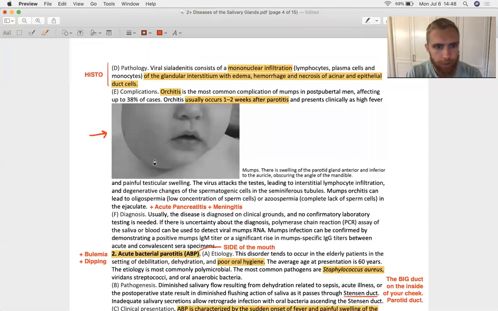The reason the parotid gland swells in mumps is because the virus gets into these cells, and then the immune system, once it recognizes that there is a virus in these cells, just attacks your parotid glands because it says, we've got to get this virus out of here, so we have to kill these cells. And so there's a large lymphocytic response, as is typical of a virus.